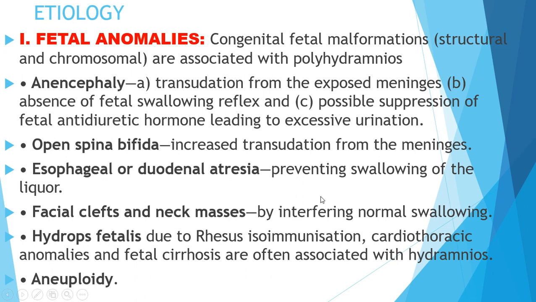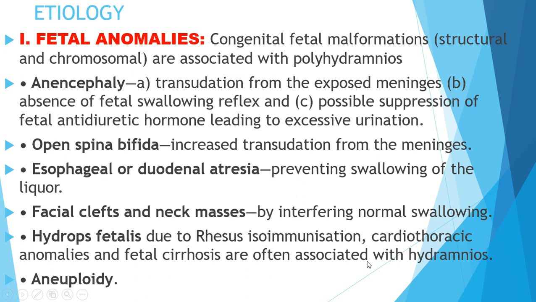This also prevents swallowing of the liquor amnii by the baby. And facial clefts and neck masses, that is cleft lip, interfere with normal swallowing. So if there is cleft lip, the baby will not swallow the fluid properly. Then hydrops fetalis due to rhesus isoimmunization.